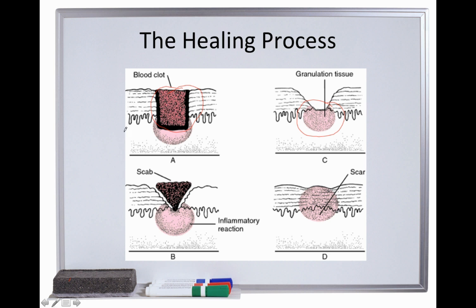So here we're going from, this is panel 1, 2, 3, 4. I know they're labeled A, B, C, D, but so here's your blood clot. Everything's blocked off. We've got all of those inflammatory factors coming in. So here's your leukotrienes, your cytokines, your histamine. You've got the white blood cells and your leukocytes coming in.